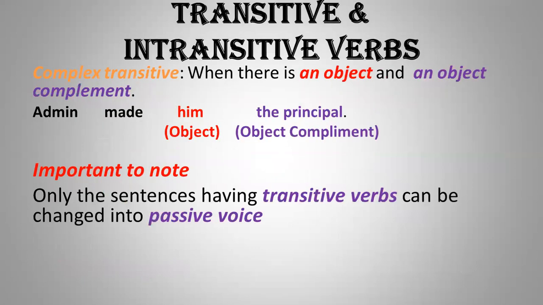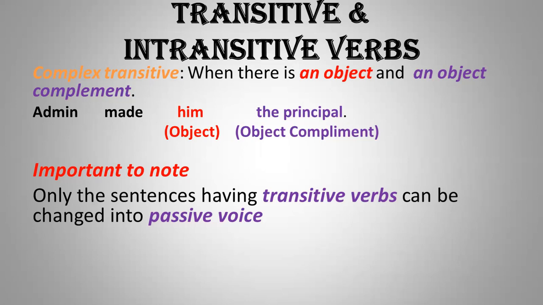Moving on to the third kind, that is complex transitive. Complex transitive has an object and an object complement. When there is an object and an object complement in a sentence, it is called a complex transitive construction. For example, Edwin made him the principal. So him is the object and the principal is a complement to him.